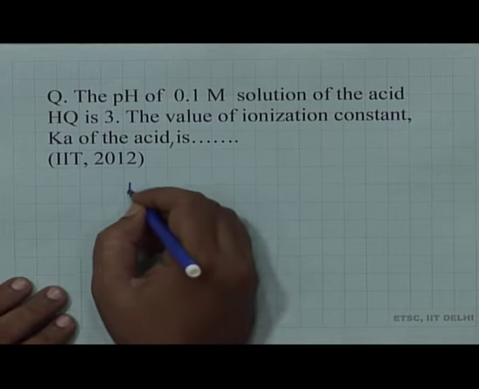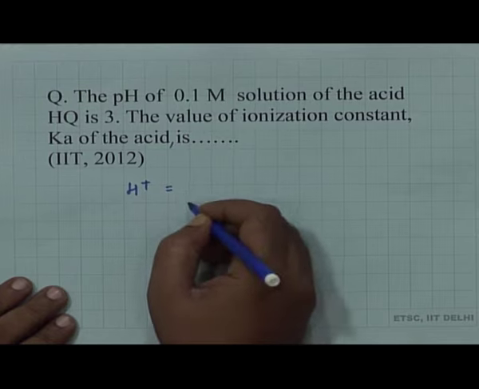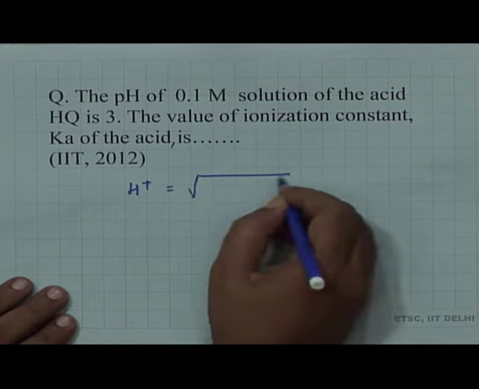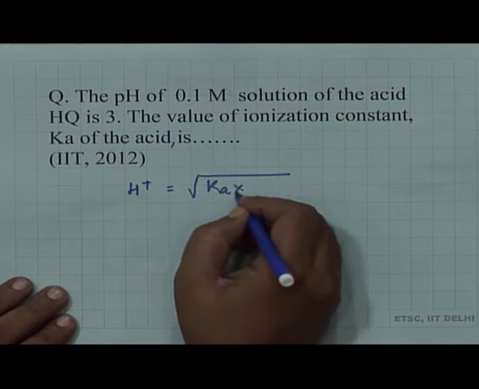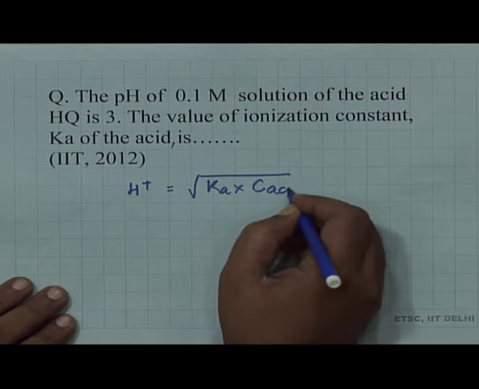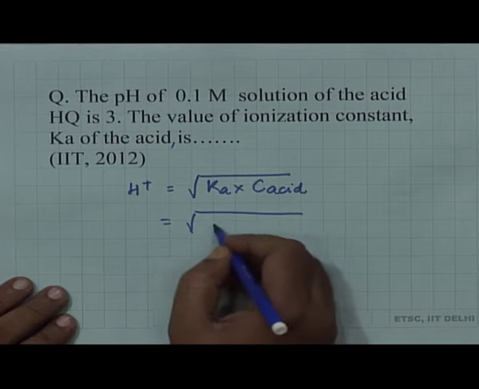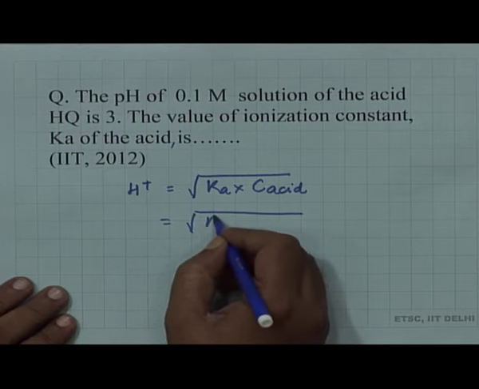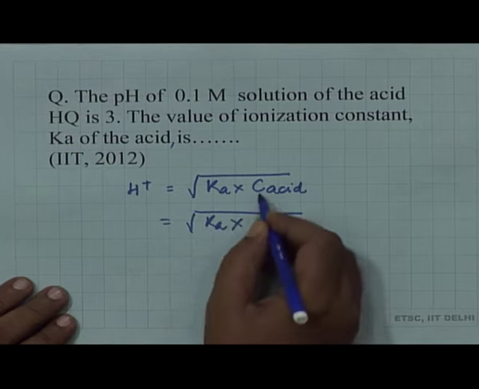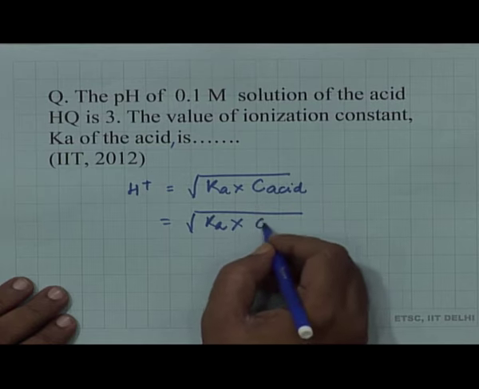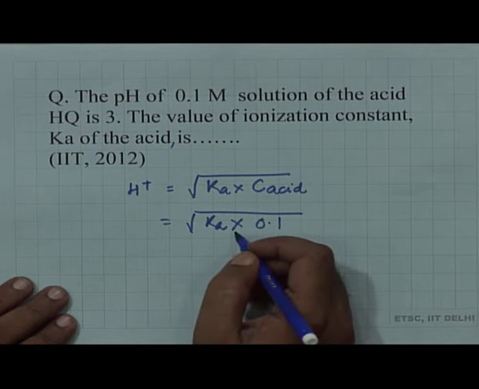We know that H plus ion concentration, for a weak acid, is the square root of Ka into C of acid, and you need to calculate Ka, and C acid is 0.1.